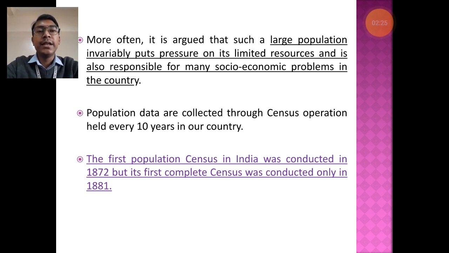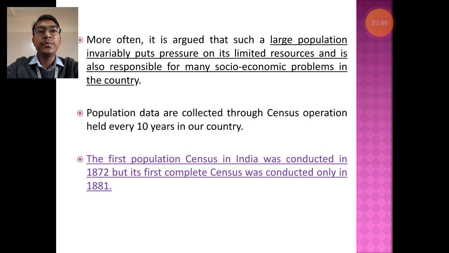So basically, as we are having the second highest population in the world, this large population puts a great pressure on the available resources of our country, because the resources which we have are limited in supply, but the population of our country is increasing day by day.